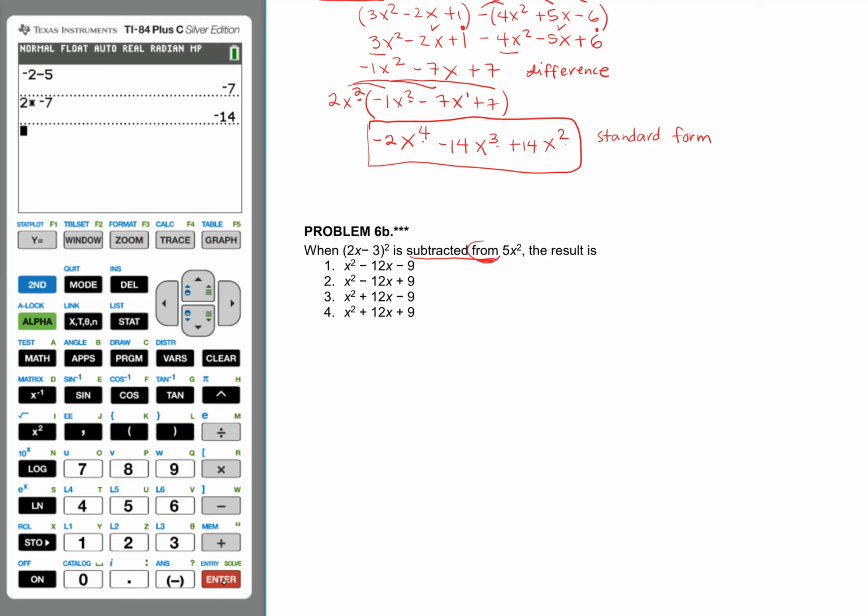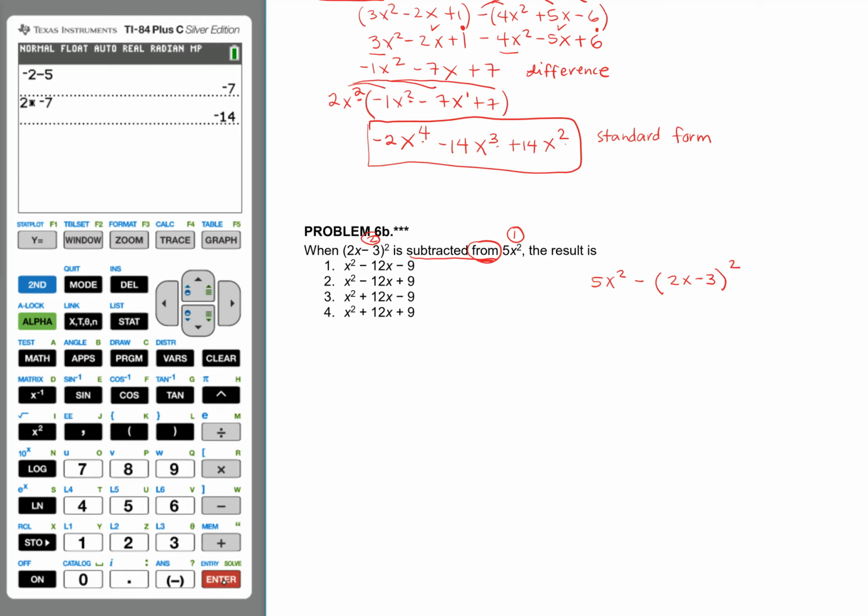So from means this would be your first expression written, and this would be your second expression written, which means this is actually 5x squared minus. There are many things in there, so you just put that in parentheses: 2x minus 3, then squared.